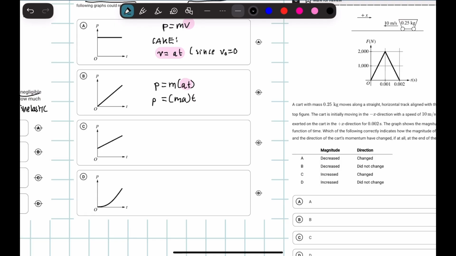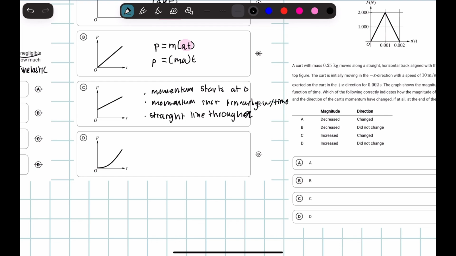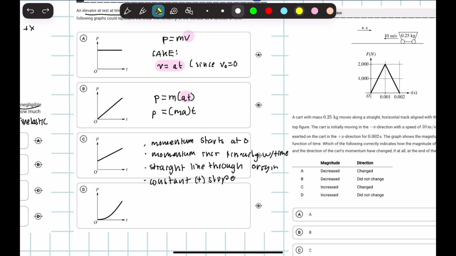So therefore, we know the momentum starts at 0 and increases linearly with time. It's a straight line through the origin with constant positive slope. You can see that's clearly just option B.